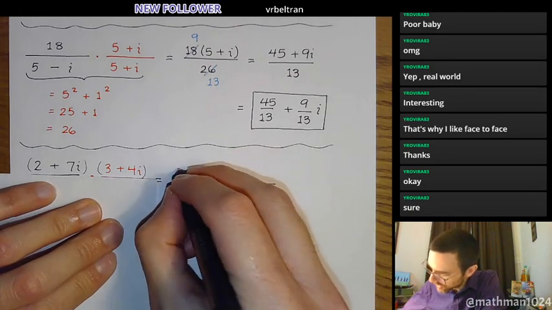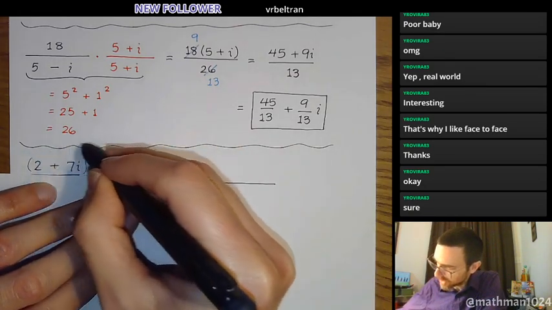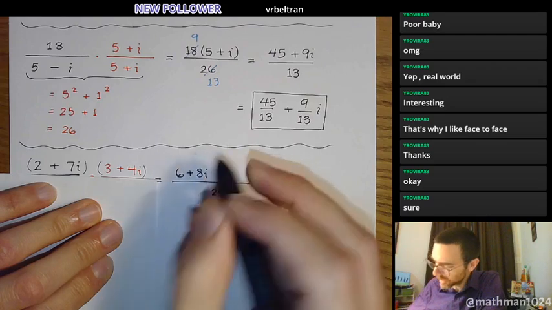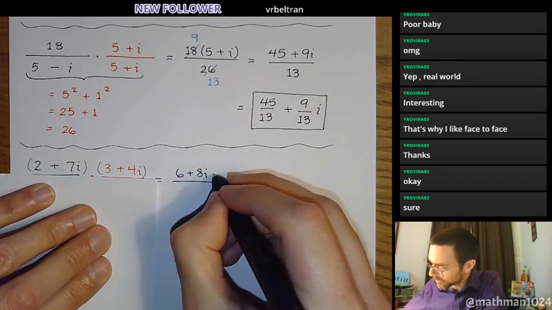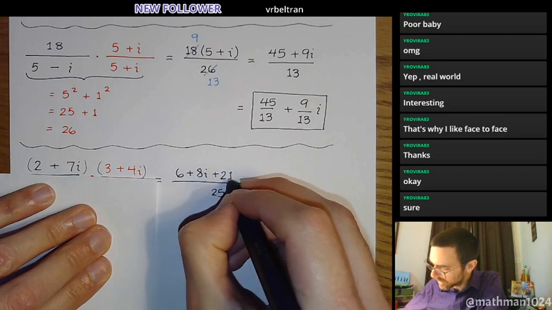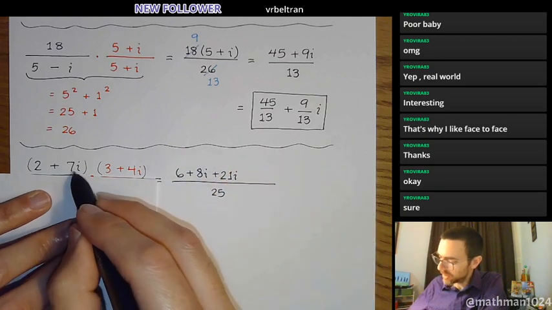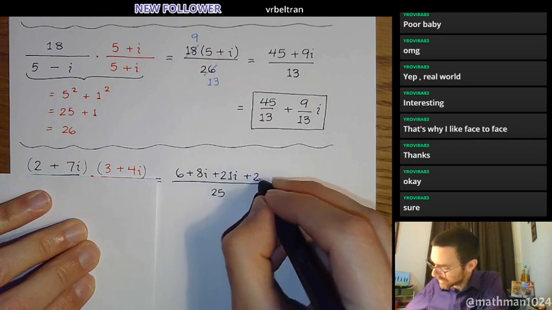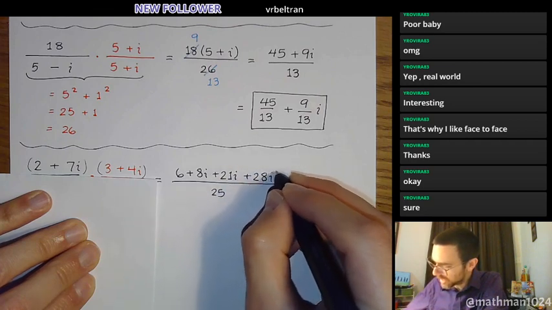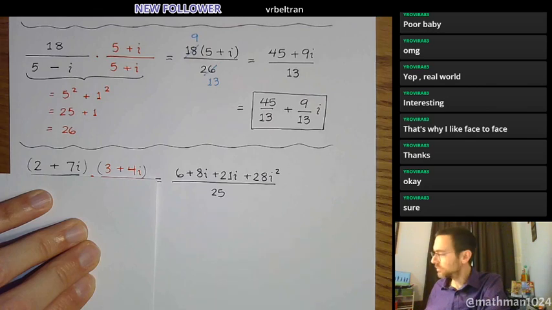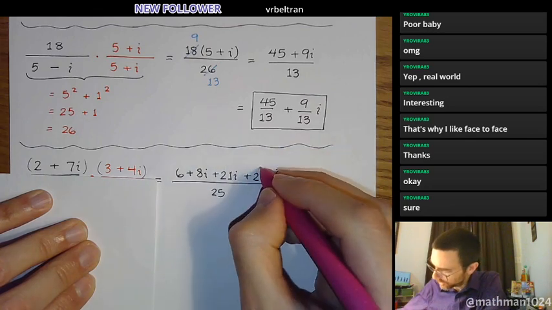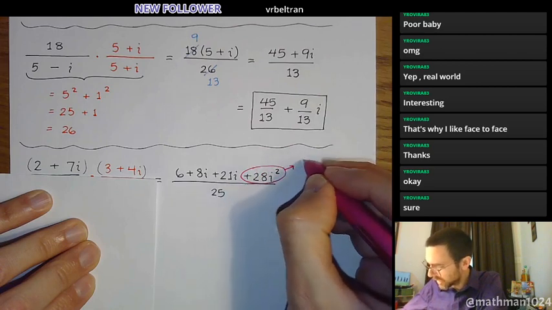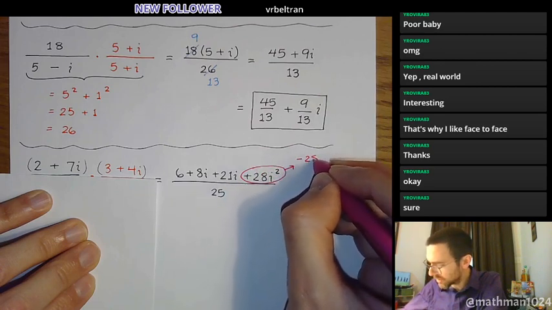So 2 times 3 is 6. On the outside, 2 times 4i is 8i. On the inside, 7i times 3 is 21i. And on the last part of the product, 7 times 4 is 28i times i is i squared. Of course, we know what to do with positive 28i squared. It's connected to i squared, and that becomes a minus 28.